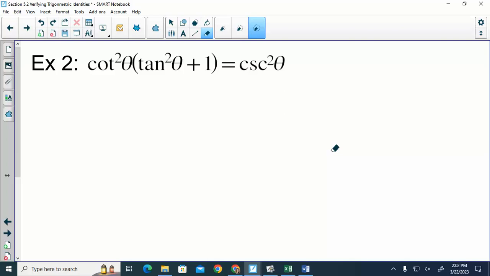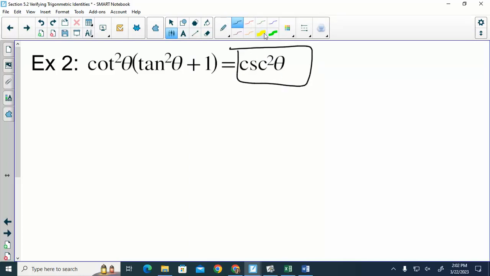So which side would you box in? Right. So I know my answer should be cosecant squared theta. Now I have to get there. There's more than one correct way to get there, so it just kind of depends on how your mind works. What do you think about doing? What are your all's ideas? Distribute? Okay.